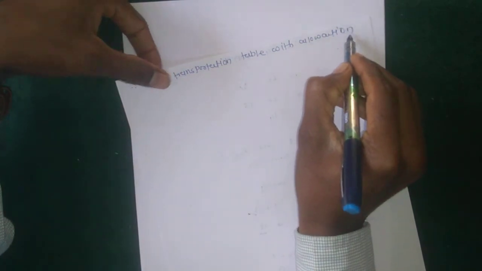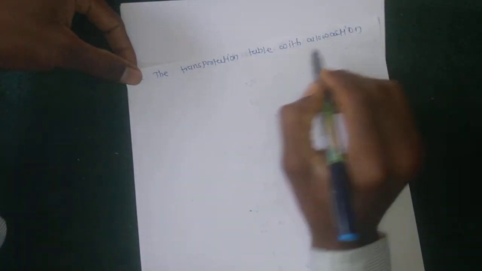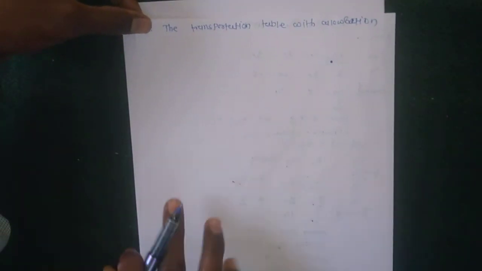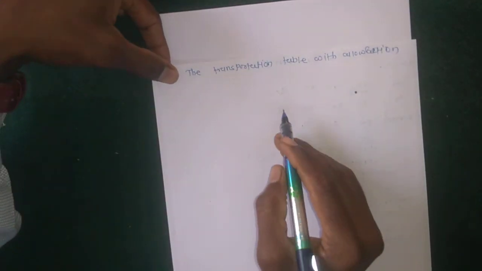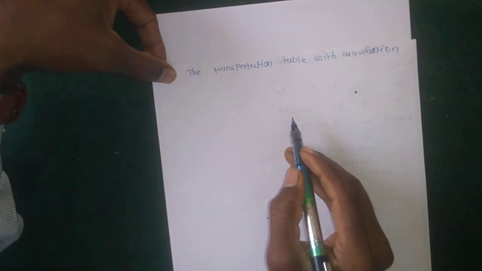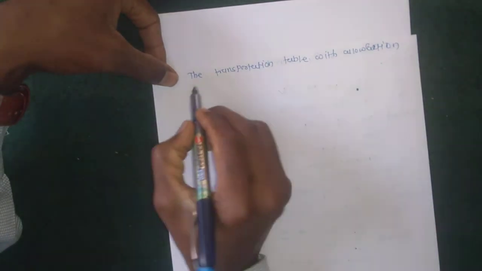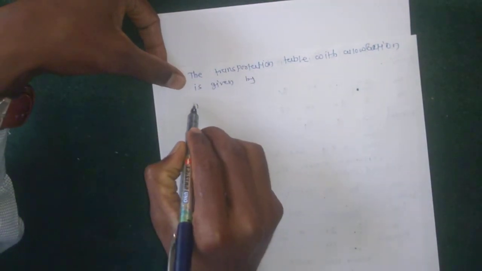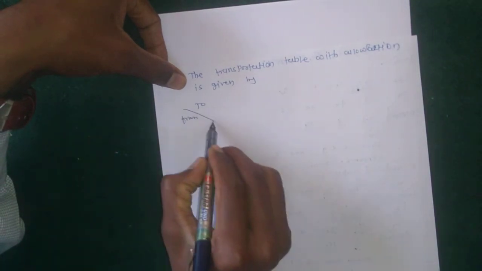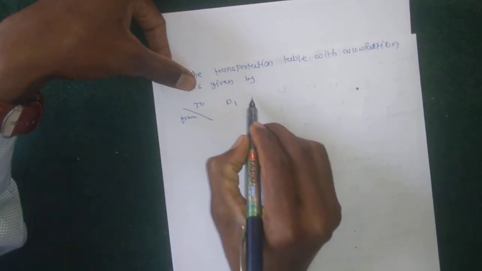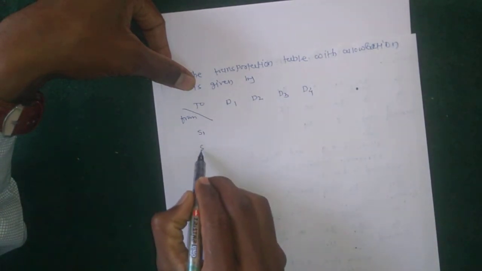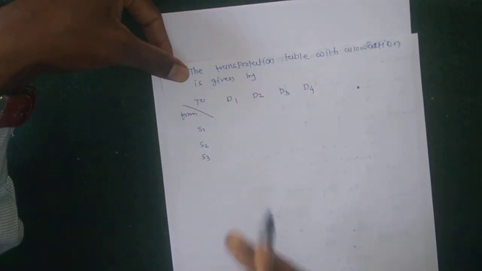Allocation means they are taking their values, supply and demand. Setting cells x11, x12, x21 in this way is given by this table, where D1, D2, D3 and D4 are the columns and S1, S2 and S3 are the rows.